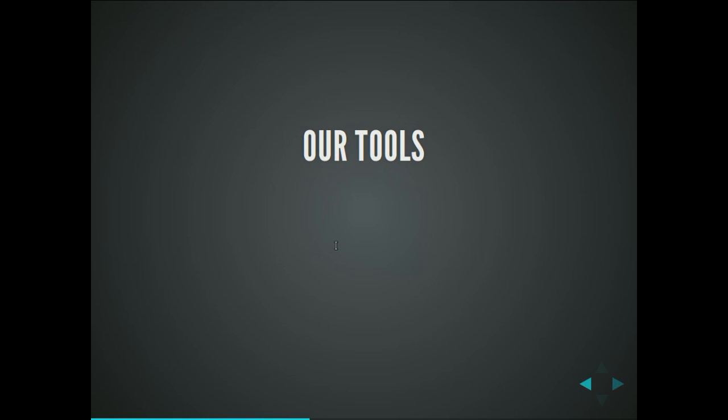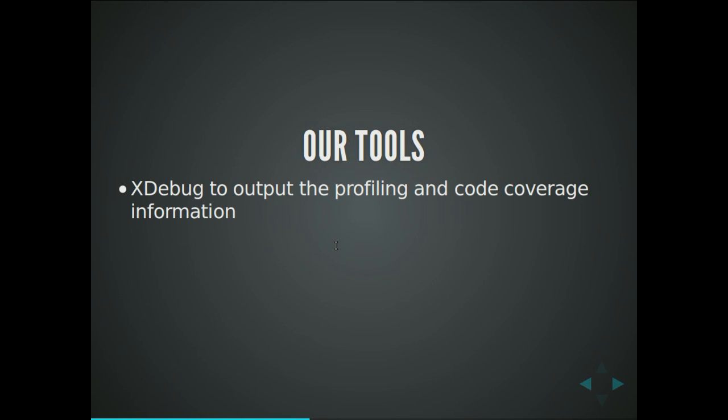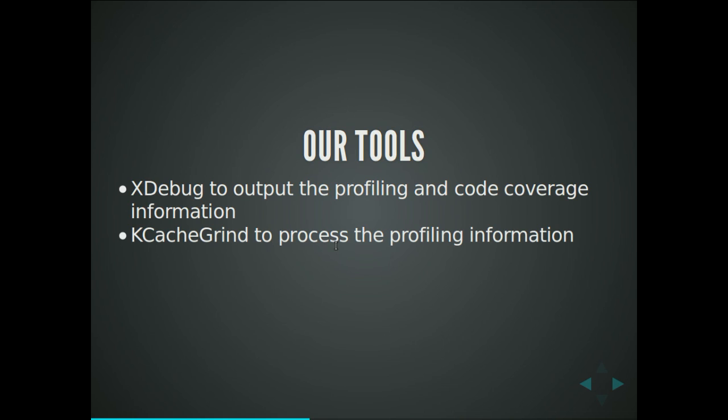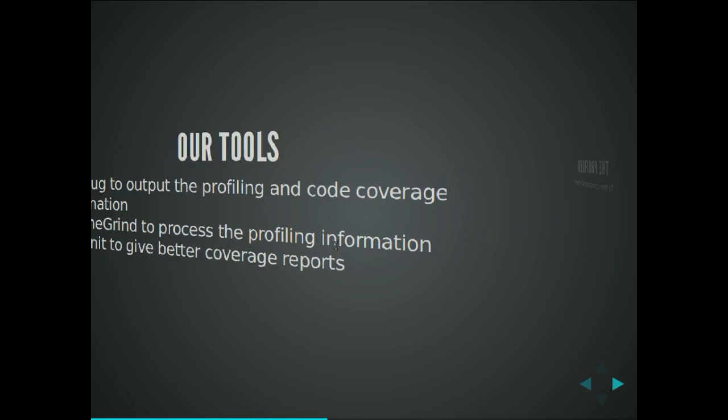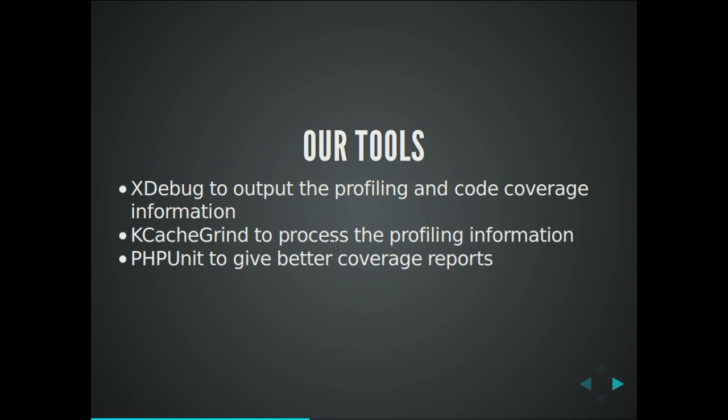Okay, so the tools that we're going to be using, like I said, we're using XDebug to output the profiling and the code coverage information, KCachegrind to process the profiling information, and PHPUnit to give us better coverage reports. We're going to use two XDebug settings.